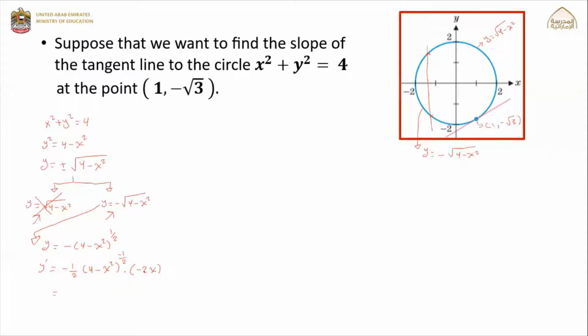I cancel 2 with 2, negative with negative is positive, so x stays on the numerator, and 4 minus x squared goes down with the power 1 over 2, which means square root. Now I can find y prime at x equal 1, because I need the slope when x equal 1. So the result is 1 over radical 3. This is the slope.